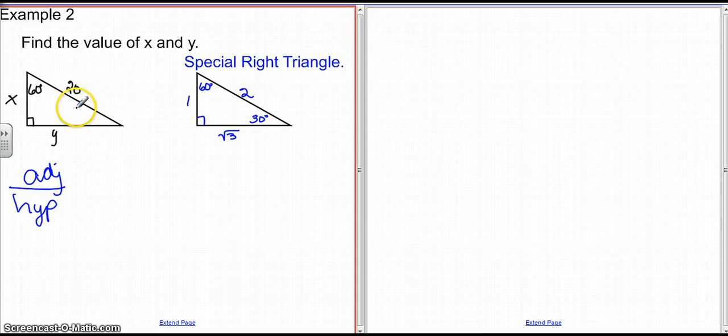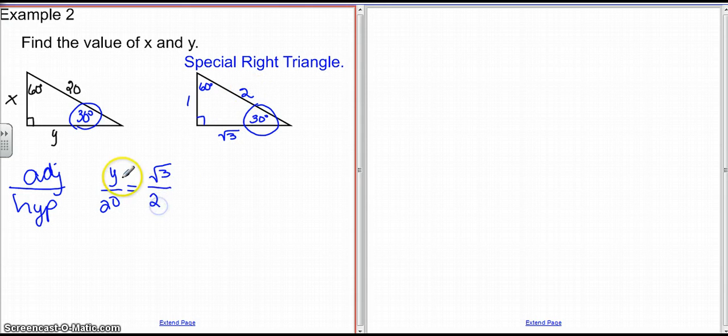So in this triangle, if I'm looking for this angle, by the way, it is going to have to be 30 degrees. So if I'm using the 30-degree angle, adjacent is y, hypotenuse is 20. So y over 20 is equal to, now if I use this 30 degrees here, the adjacent is square root of 3 over the hypotenuse is 2.